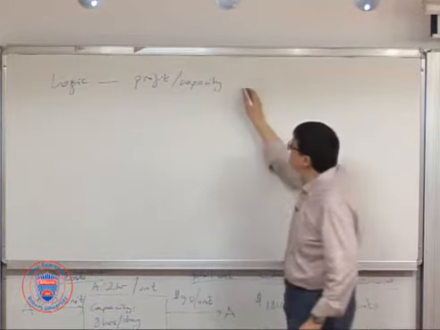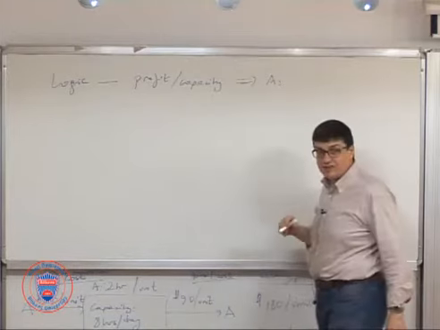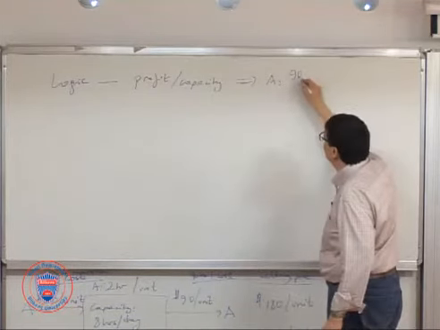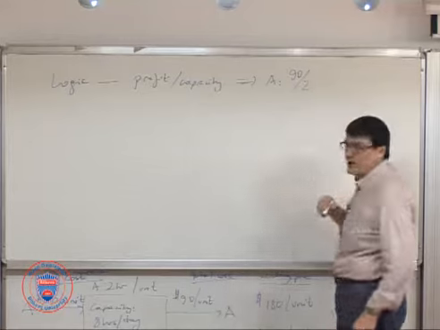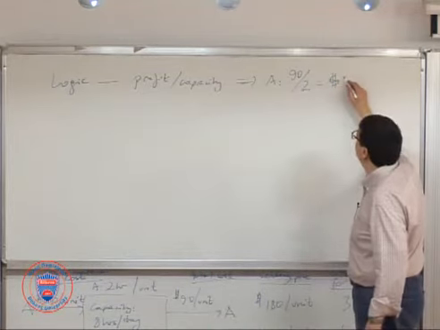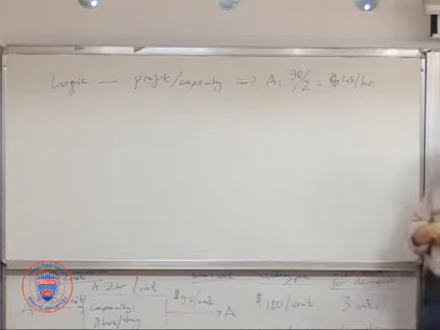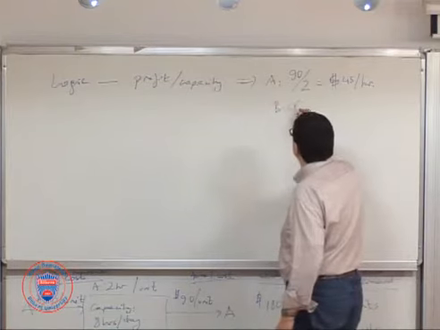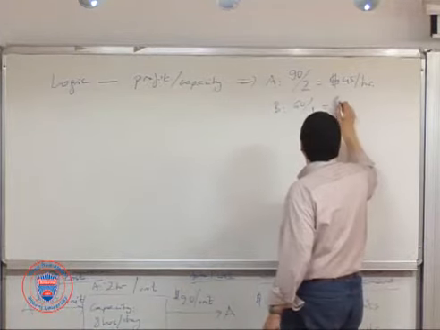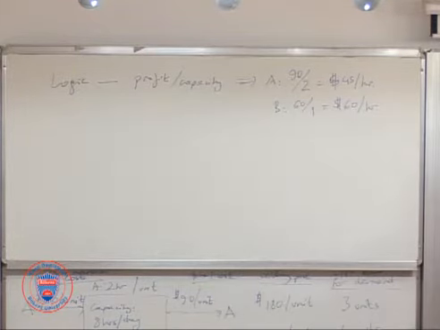So in that case, what will be the profit per capacity for A? For A, the profit is 90, but we use 2 hours of the capacity. So this is going to be $45 per hour of capacity. Whereas B is going to be 60 divided by 1, so it will be $60 per hour of capacity.